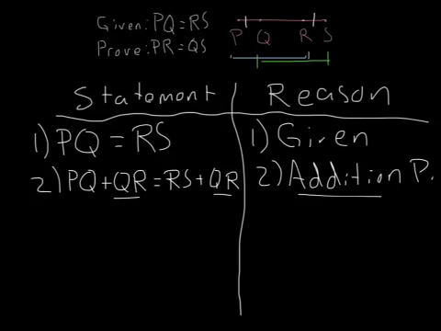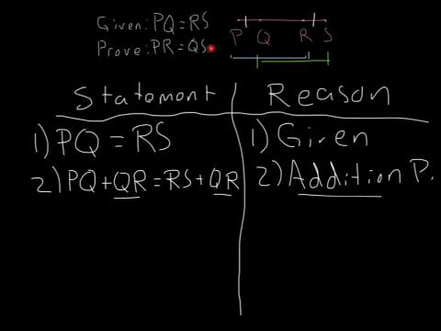Next, I'm noticing that we've got PQ plus QR. Now PQ plus QR is going to give me, if I added those together, my PR, which is what I'm wanting in my proof. PQ plus QR gives me PR.